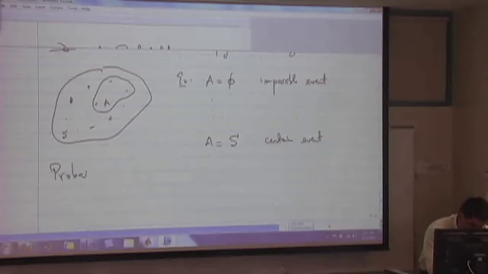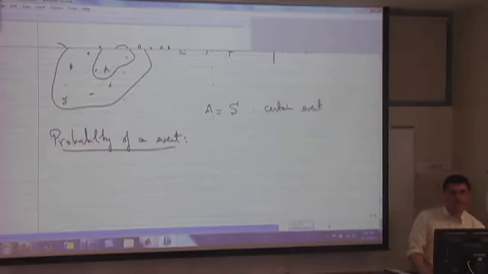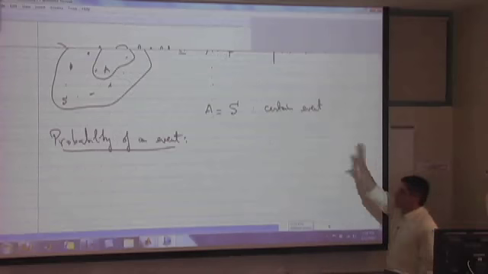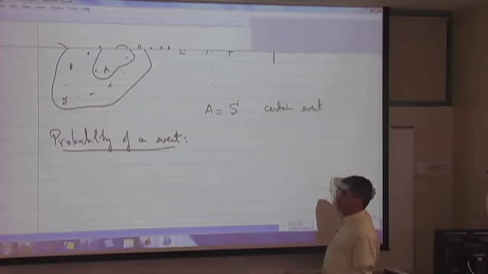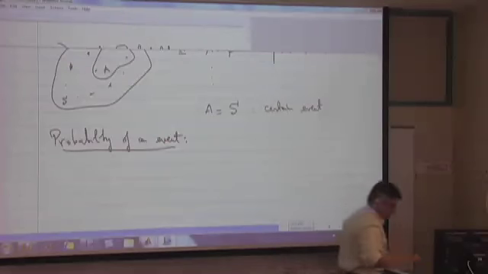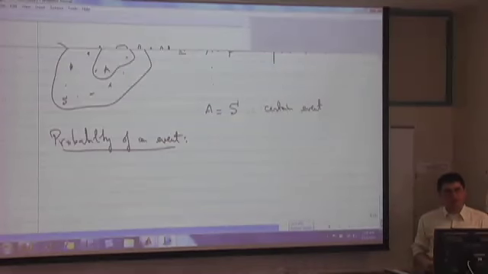So what is the probability of an event? Once you choose your favorite subset of this sample space, you can assign a probability to this event. Okay?